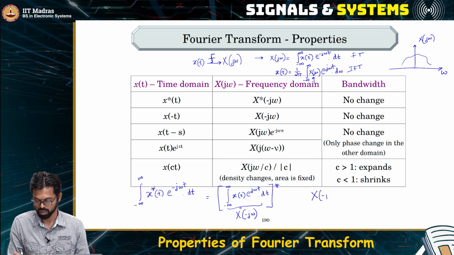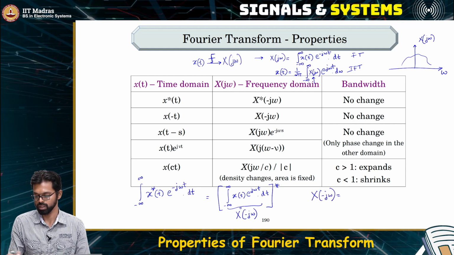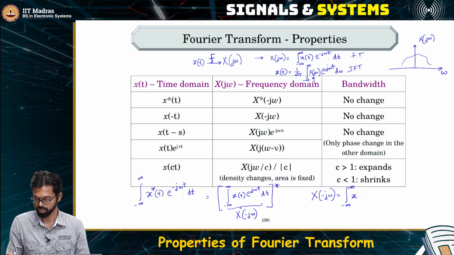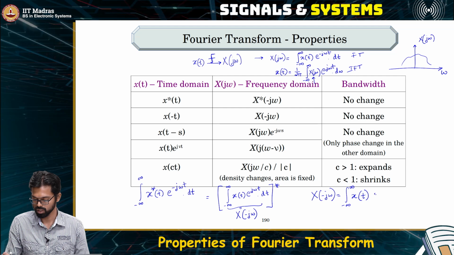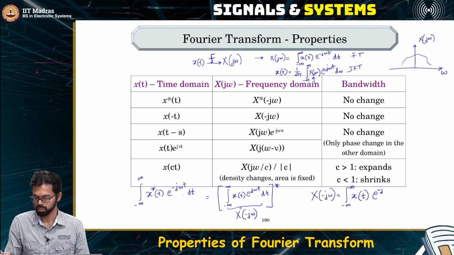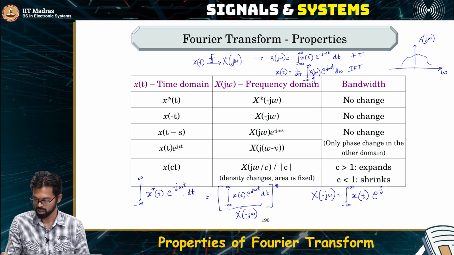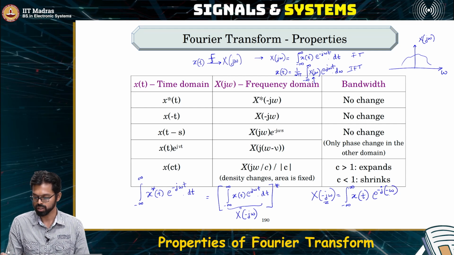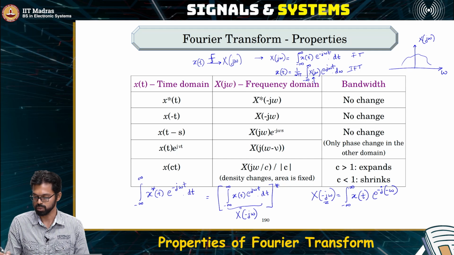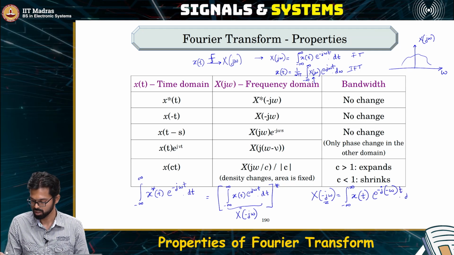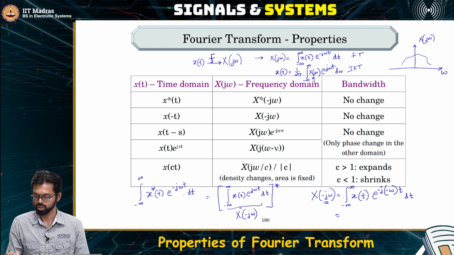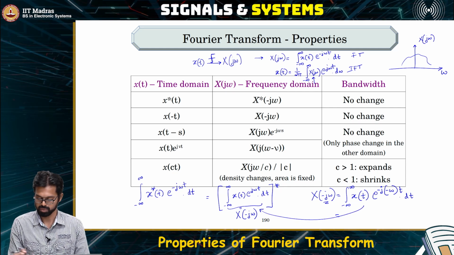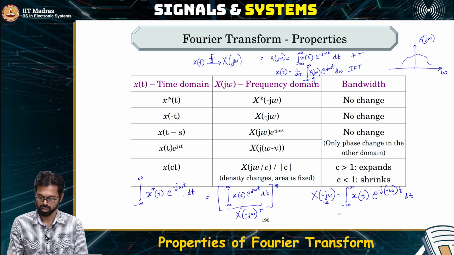X of minus j omega is equal to the integral from minus infinity to infinity x of t e power minus j omega of, there is a minus omega here, so in this case you substitute a minus, right? So this is exactly the equation that we have here, right?